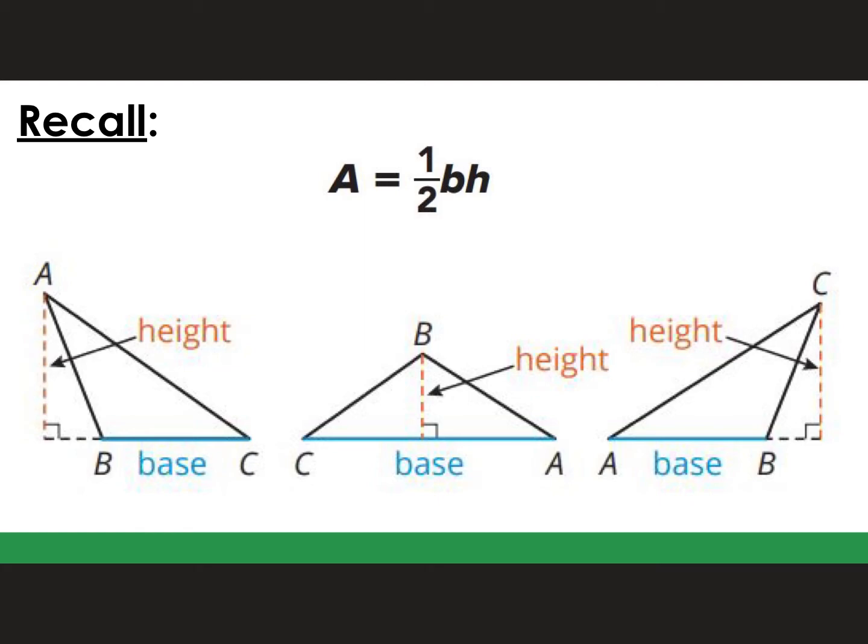Now we're going to look at triangles that are not right triangles, meaning they do not form a right angle right here. So we do need to find the height, which will be where it forms the right angle for the triangle. If you look at the first triangle here, the height is outside the triangle.